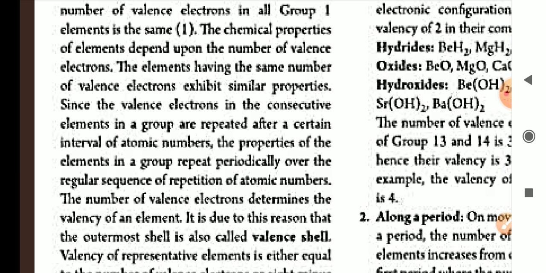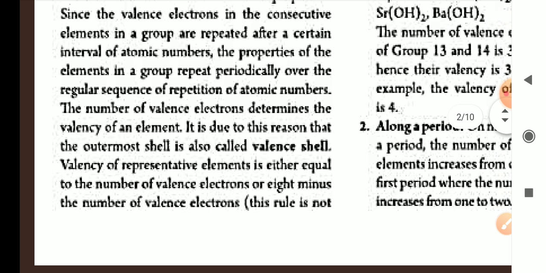You will see that the valence electron count in consecutive elements in a group is repeated after a certain interval of atomic number. Consider sodium and potassium: the interval of atomic number is 8, but their outermost shell has 1 electron, so it is repeated. So the properties of the elements in a group repeat periodically over a regular sequence of repetition of atomic numbers.